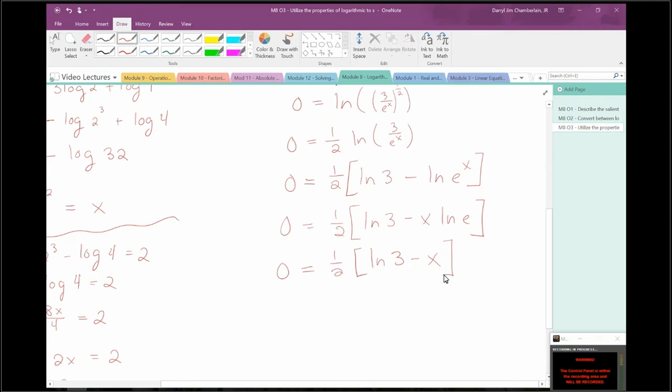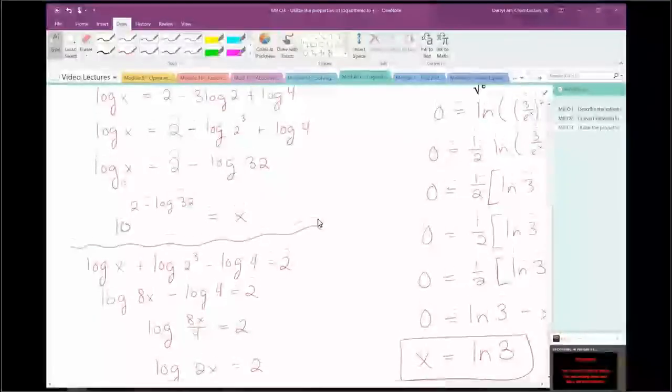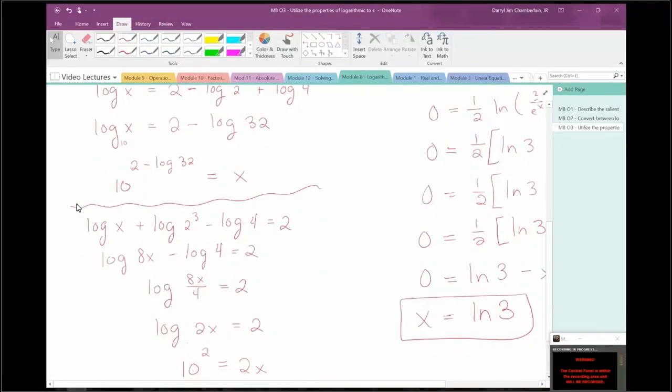And now this is a pretty normal equation in order for us to solve. We could multiply by 2 on both sides. We can add x over and get our answer.